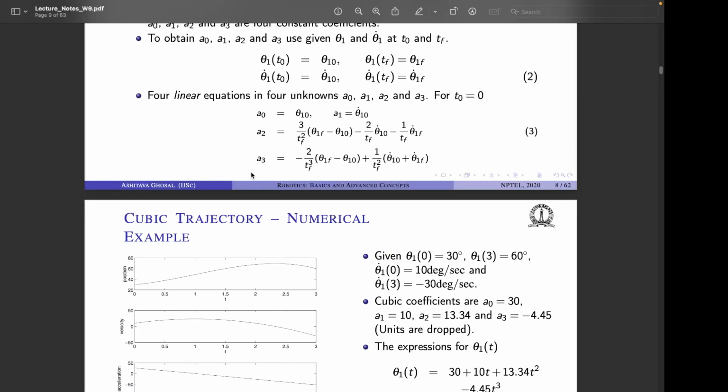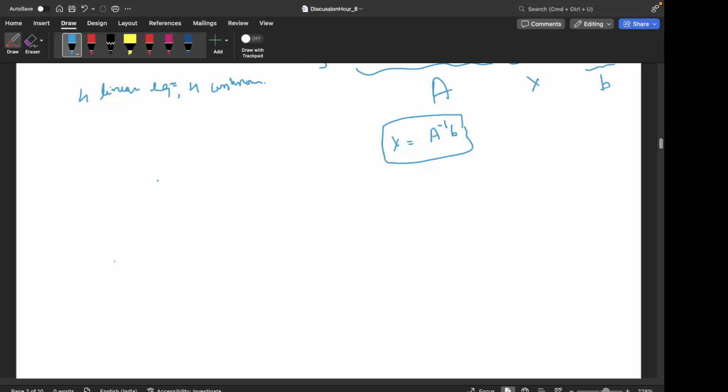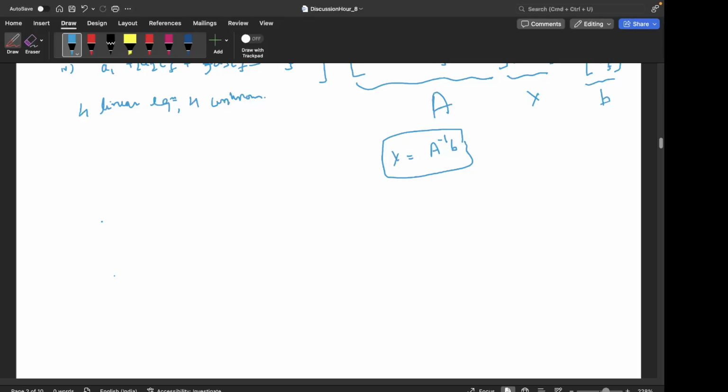So basically, if I want to move the manipulator from, let's say, theta equal to 30 degrees to theta equal to 60 degrees in 2 seconds, then I can use this equation to find out my cubic profile of that joint, and then I can sample that trajectory at a certain frequency, let's say 200 hertz.